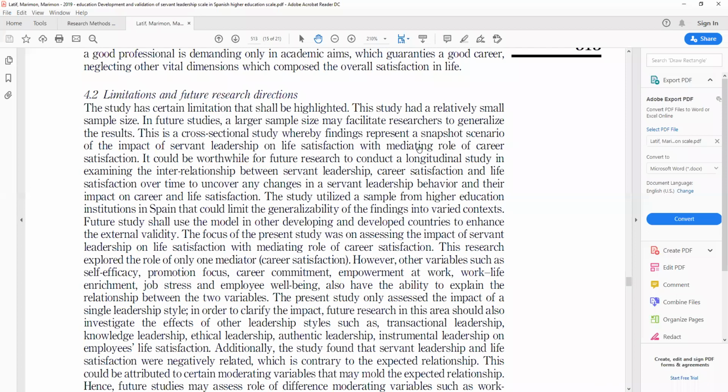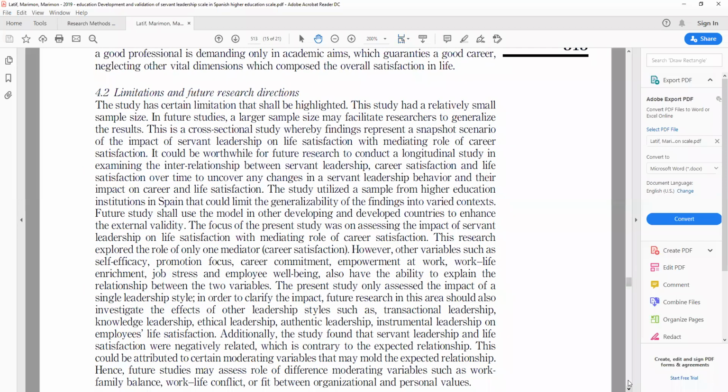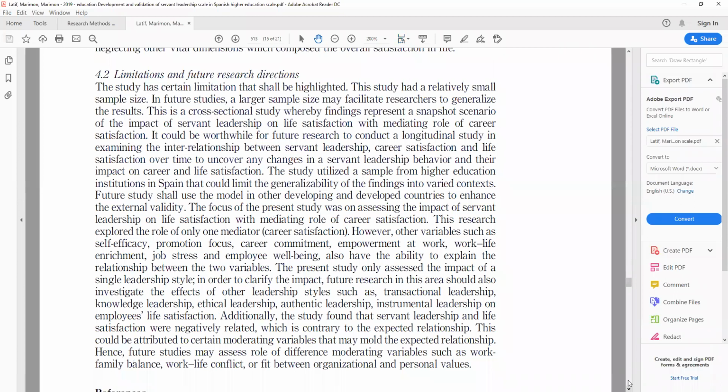This section highlights the limitations of existing research and what the researchers propose to be done in future. If you read through this paragraph in detail, it will guide you how to step up the existing research, how to improve it, how to build onto it.